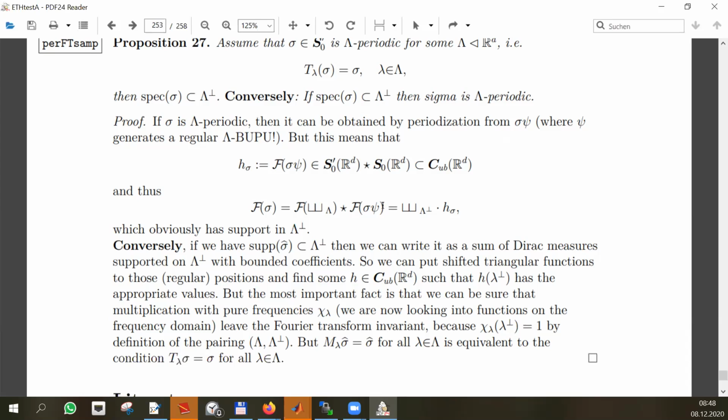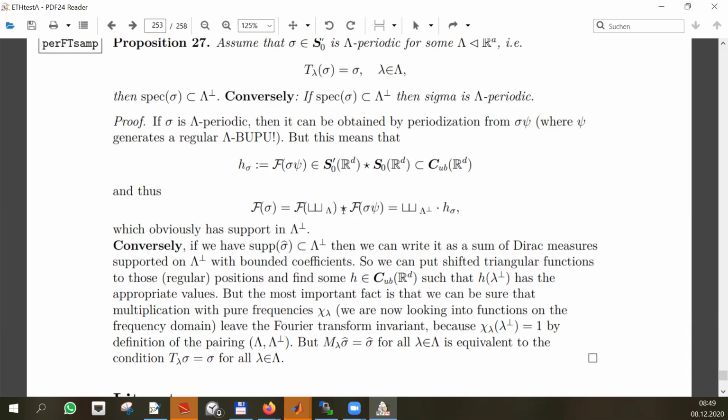I should have written that sigma is the convolution product, but once I'm writing the Fourier transform, I should already write the pointwise product. So I will add one intermediate term. So sigma equals SHA lambda convolved with sigma psi. Then we take the Fourier transform, which means we have two Fourier transforms, but a pointwise multiplication.